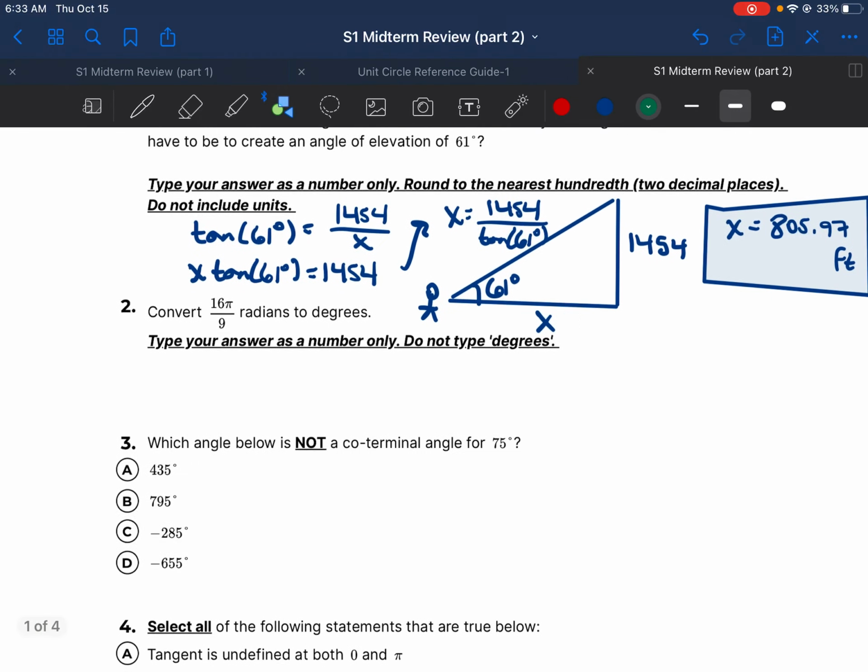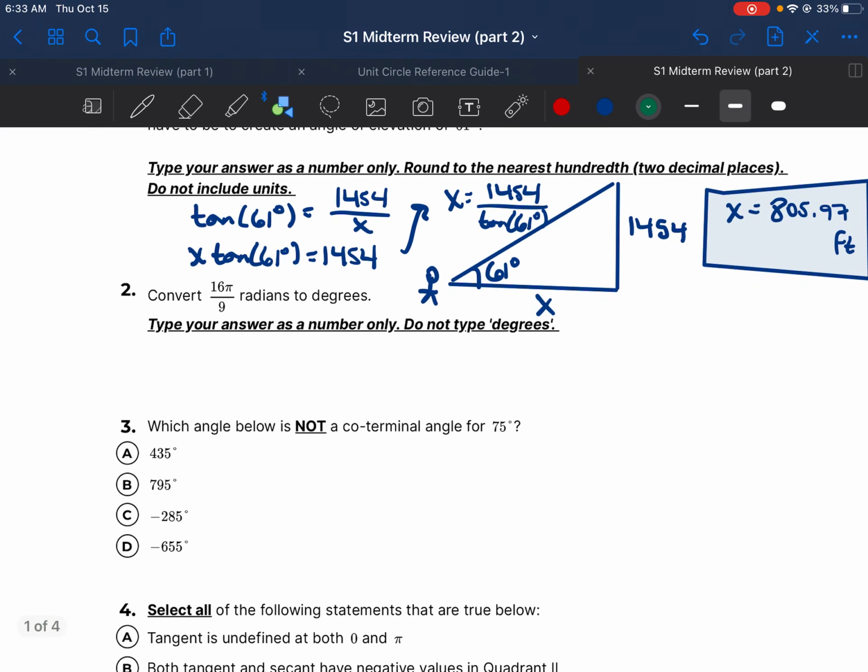All right. In problem 2, we want to convert 16 pi over 9 radians to degrees. Well, keep in mind, and this is coming from the notes, that 1 radian is 180 degrees over pi. So if I have 16 pi over 9 radians, we're going to multiply that by 180 degrees over pi.